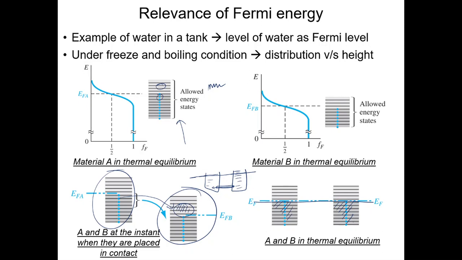So this is the Fermi energy level, which explains how the energy states are occupied above and below the reference level, and how the Fermi level is going to be aligned when you connect two systems together.